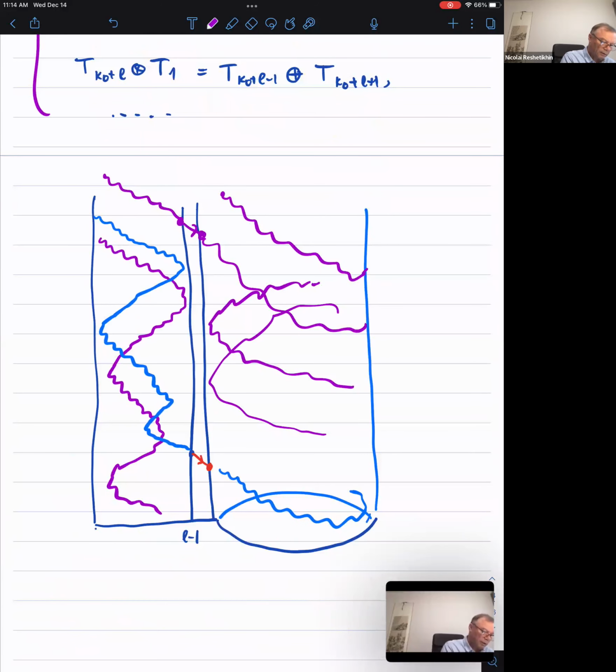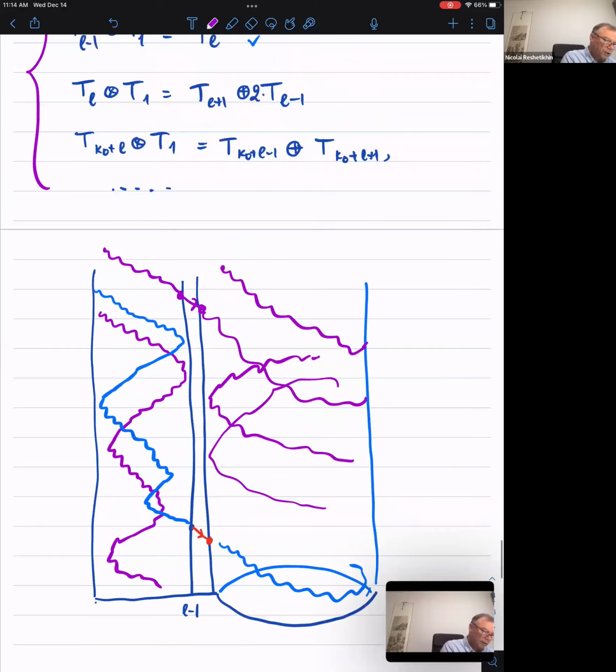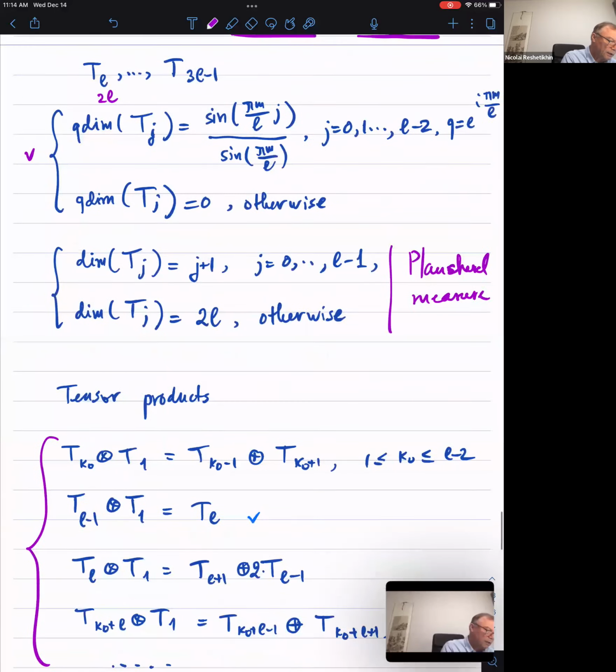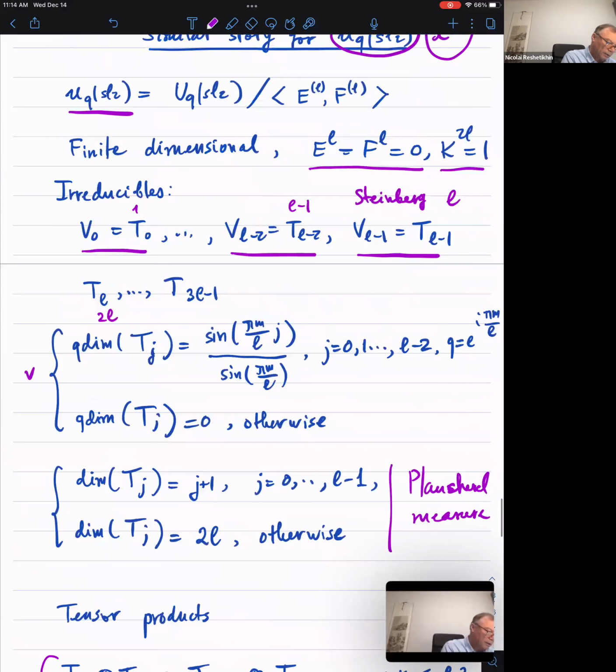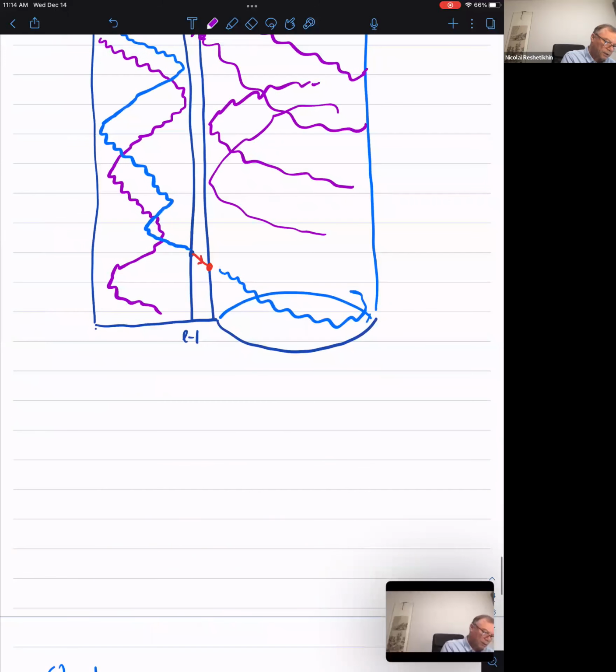So then you do the limiting measure, and the limiting measure, did I write it here? No. It's the uniform measure here, and it's the same as for the quantum dimensions here. Well, and some numbers.